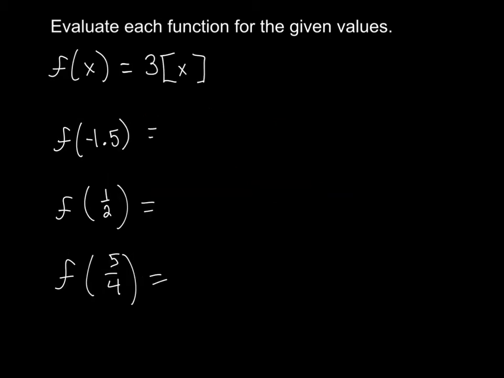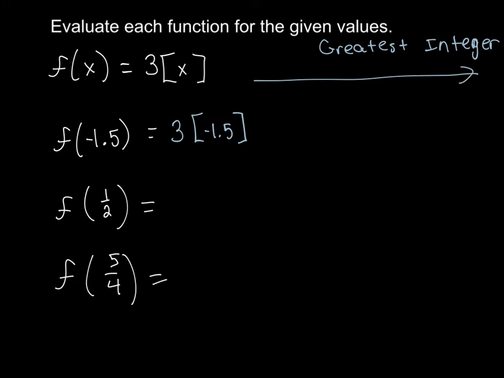Okay, the braces around the x is something you probably haven't seen before, and it's something called the greatest integer. So 3, and then we substitute negative 1.5. Negative 1.5 is not an integer. So we're going to think about our number line here.